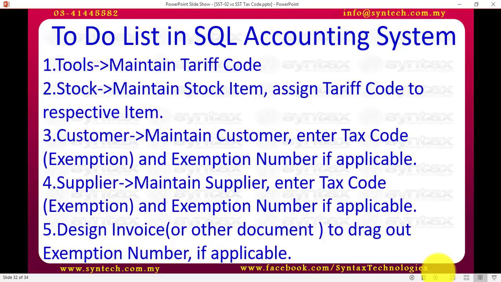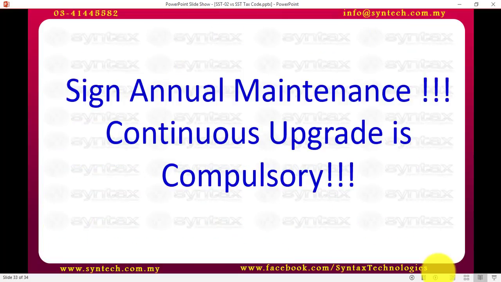Then under customer and supplier, you need to maintain the exemption if it's applicable. Then under the invoice, you need to design the invoice and pull out the exemption number if your customer has exemptions.